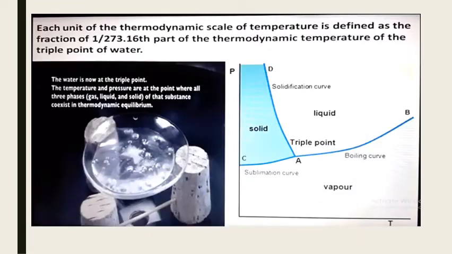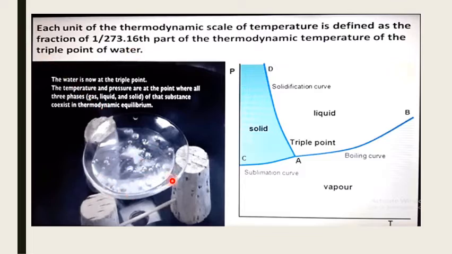Okay. Next, each unit of the thermodynamic scale of temperature is defined as the fraction of 1 by 273.16 part of the thermodynamic temperature of the triple point of water.